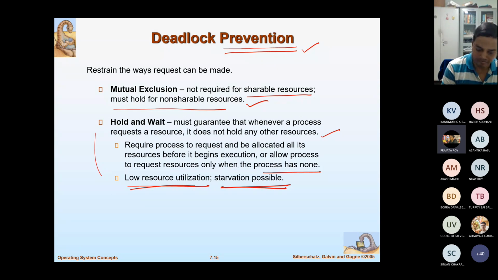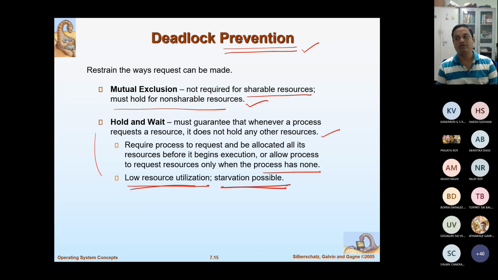Sir, could you explain the starvation part? What is starvation? Sir, when a process is ready for execution but it's delayed by the operating system. Why? Because some other process is taking a lot of time of the CPU.